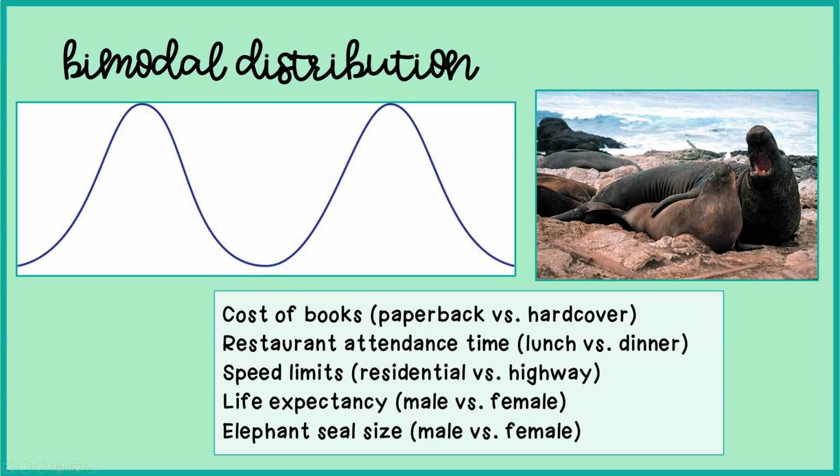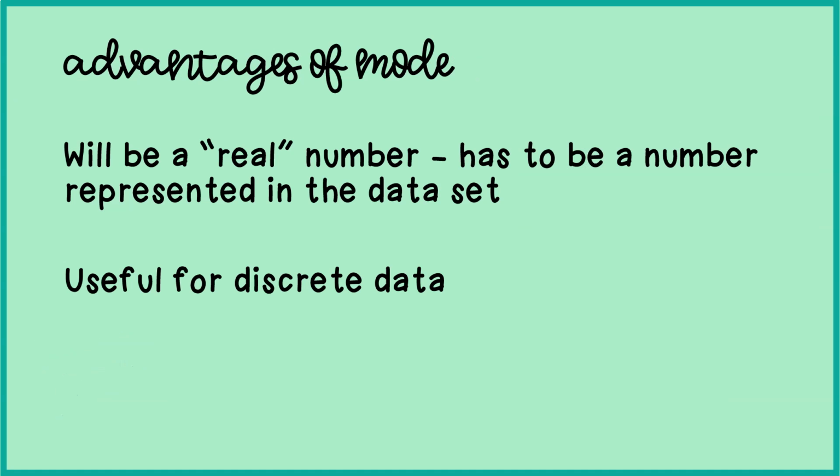That's what I mean when I say a bimodal distribution, which is to say that sometimes mean and median are completely meaningless statistics, and mode is the most important statistic. In a bimodal distribution, there are two modes, or two most common values that are different from each other. So mean and median don't make sense there.